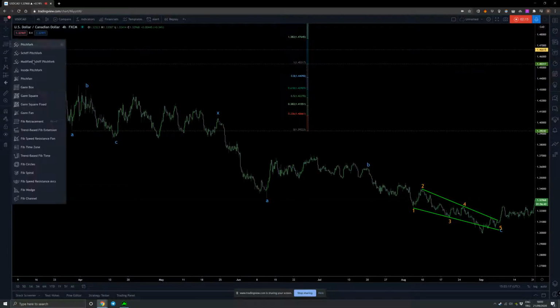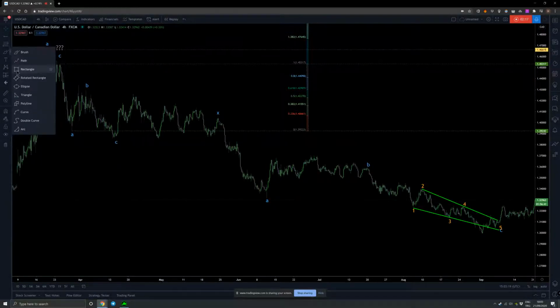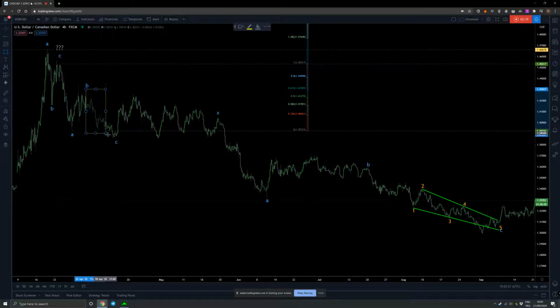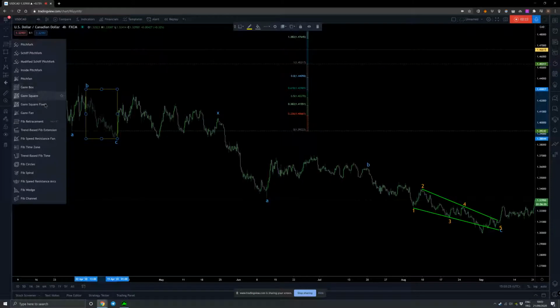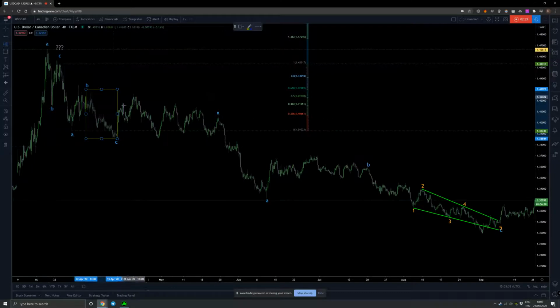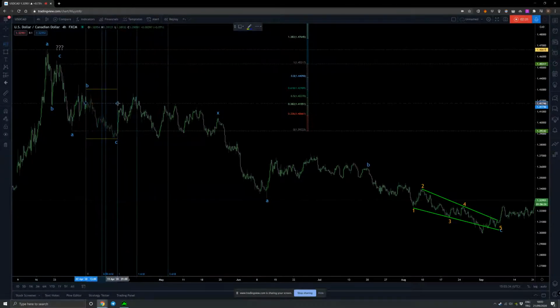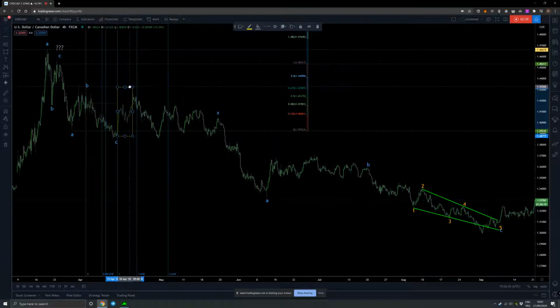Okay, in that case, what you should do is actually do this. So this is the length of C wave. I should take half of it. Okay, let's take the time zone. You do from here to here, and you measure the 50%, and you put it on the right side.